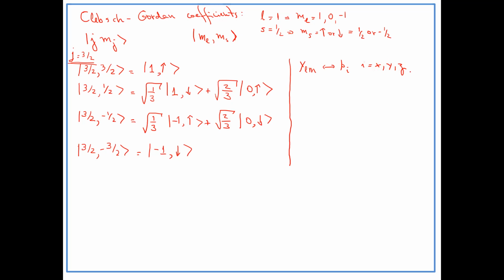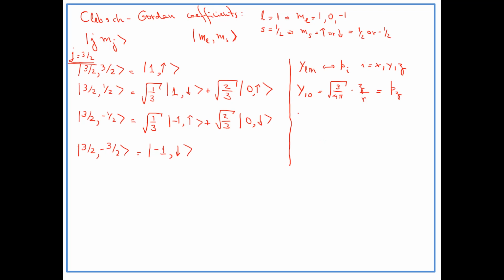This is well known. The Y_10 spherical harmonic is square root of 3 over 4 pi times z over r. In Cartesian coordinates, this is what we call a pz orbital.